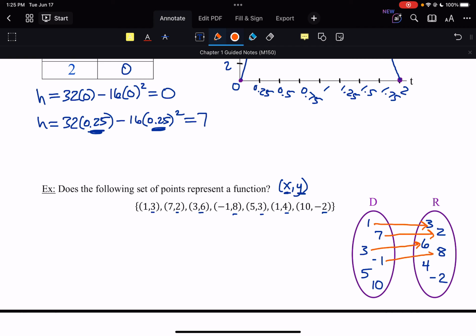Negative 1 goes to 8. 5 goes to 3. So that's also going to be up here. 1 goes to 4. So this 1 is also going to split here. And then 10 goes to negative 2.